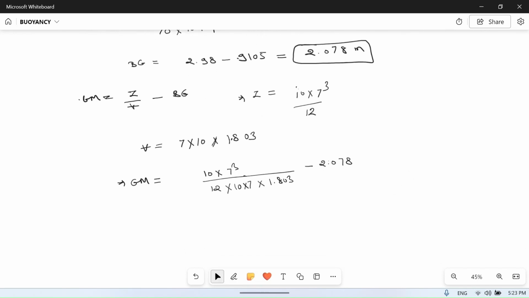If you calculate it, you will get GM is equal to 0.12 meter. So here metacentric height is positive, means the metacenter is above the center of gravity, means this is a stable situation. So in this case, this pontoon and boiler can float easily. Okay, they are in stable position.